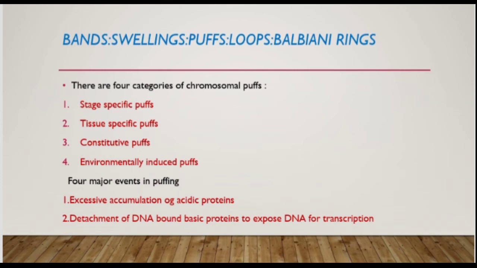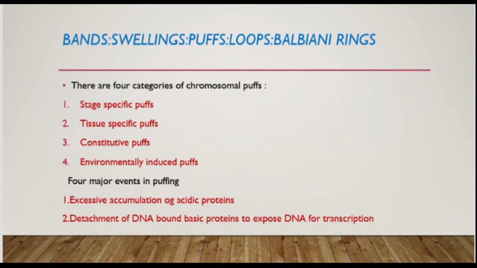Once again, I will repeat it for you. At certain stages of growth of the insect or organisms which contain polytene chromosomes, specific bands, as we have already said there is a banding pattern, enlarge enormously, bulge out and form swellings, and these swellings are known as chromosomal puffs.